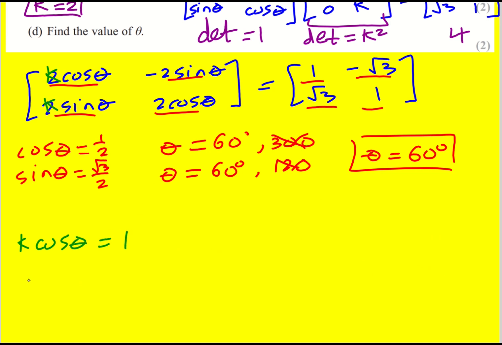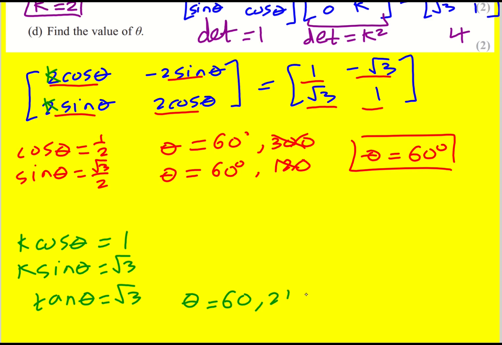And the same here, you could write down k sine theta equals root 3. And you could divide the bottom one by the top one, because then you get tan theta equals root 3. And you would end up solving that. Theta would be 60 or 240. And then you could put each of them back in.